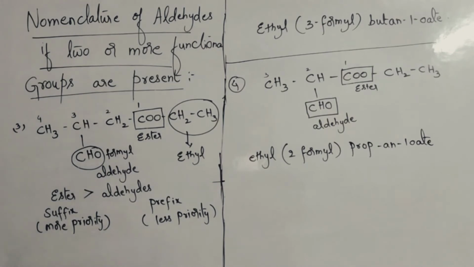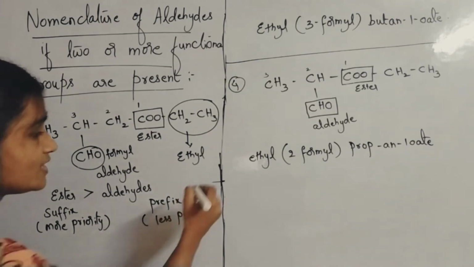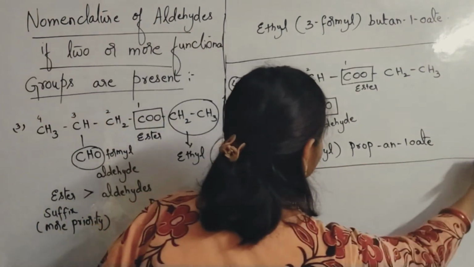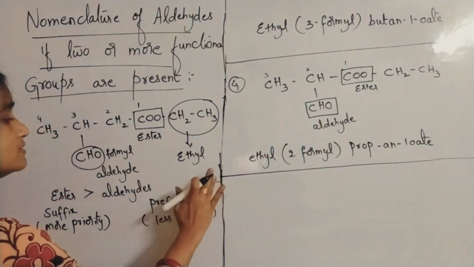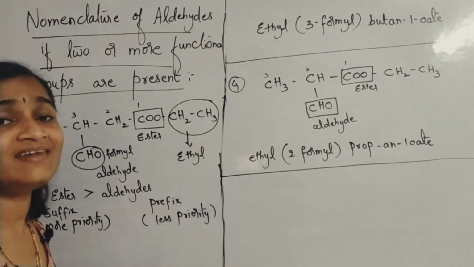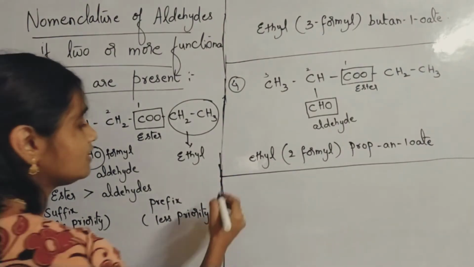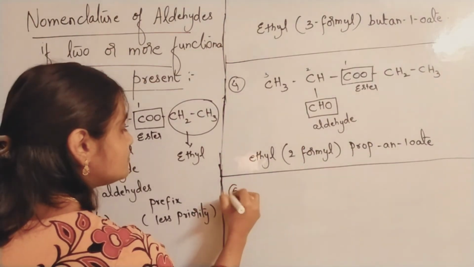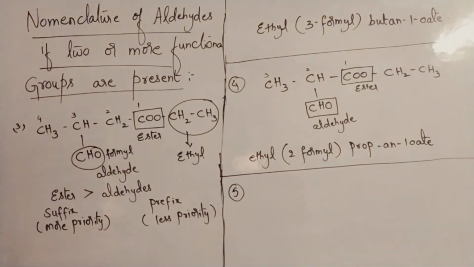Ethyl 2-formyl propan 1-OATE is the name of this compound. Please try to understand carefully. So our esters are having more priority than aldehydes. I'll just give you one compound. You try to give naming for this compound.